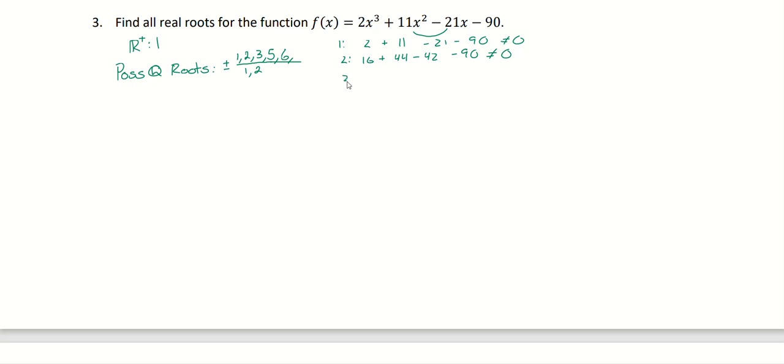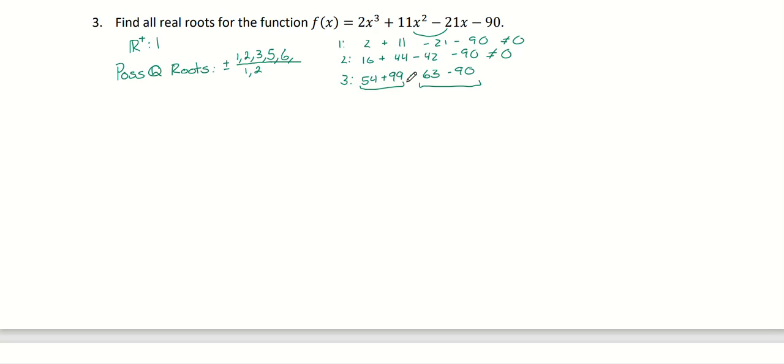Now, this could be done on your calculator again, but let's try 3 real quickly. 3 cubed is 27 times 2 is 54, plus 99, minus 21 times 3 is 63, minus 90. So what I notice is these two together are negative 153.